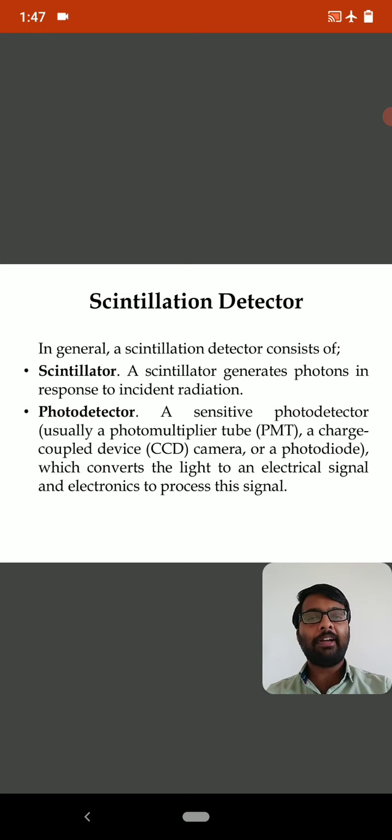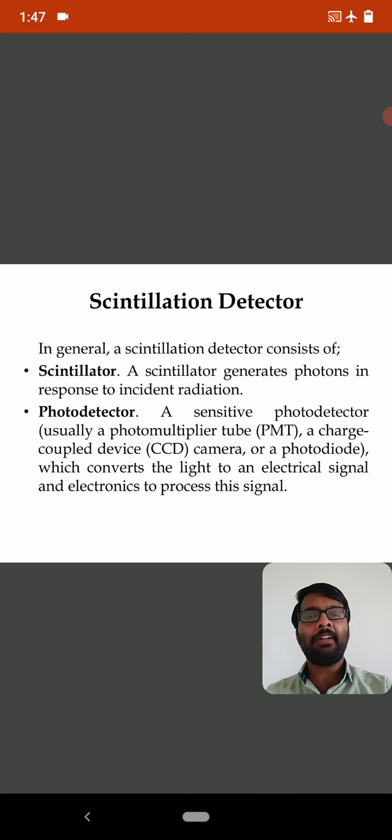That amplified pulse will be responsible for the incident radiation energy as well as intensity. Means by recording those electrical signals or pulses, we can determine the energy as well as the intensity of the incoming radiation. So this is the construction, or the main components, of this scintillation detector.